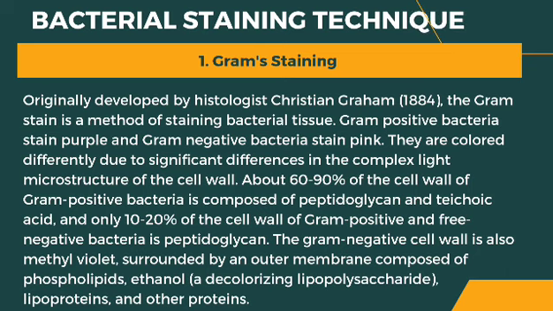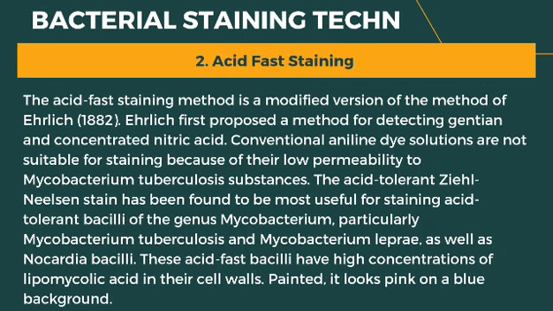About 60 to 90% of the cell wall of gram positive bacteria is composed of peptidoglycan and teichoic acid, and only 10 to 20% of the cell wall of gram negative bacteria is peptidoglycan. The gram negative cell wall is also surrounded by an outer membrane composed of phospholipids, lipopolysaccharides, lipoproteins and other proteins.